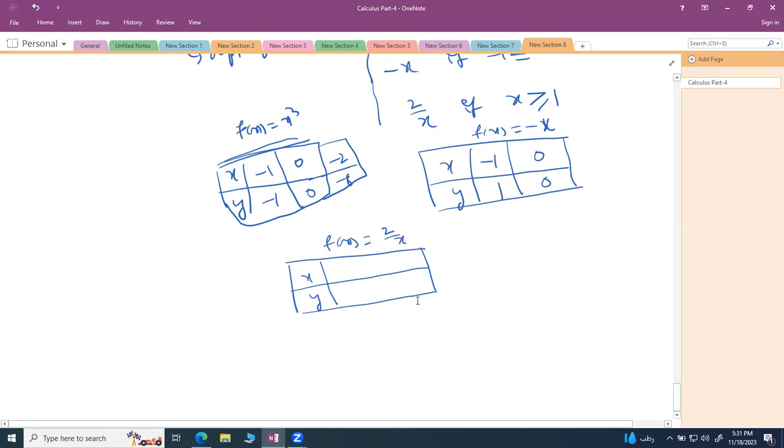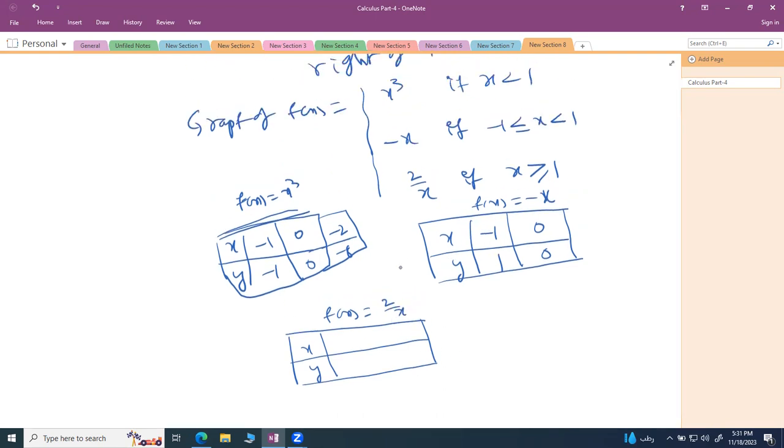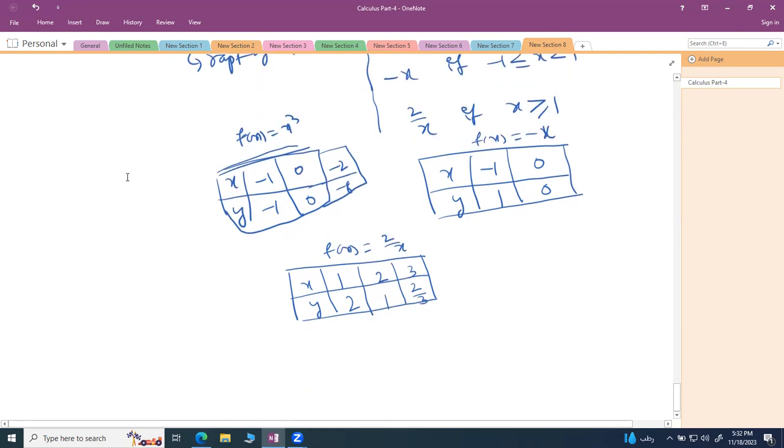Here we have to choose x value more than or equal to 1. If you put x value 1, this is 2. If you put x value 2, this is 1. If you take x value 3, this is 2 by 3. So we can draw the picture.